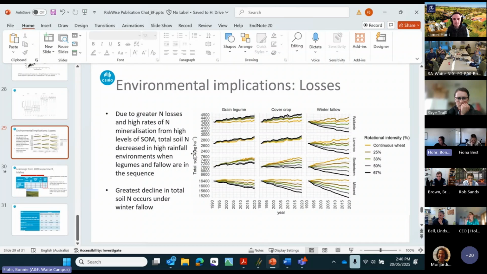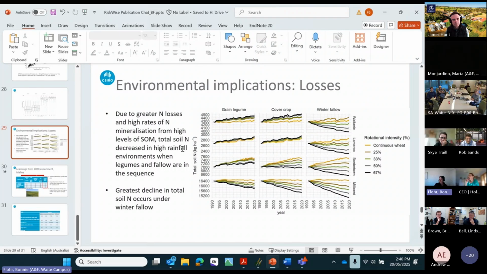So this is just showing total soil N over the whole duration of the simulation, and there were greater losses and higher rates of N mineralization from the high levels of soil organic matter in high rainfall environments, particularly at high intensities of legumes and fallow. So that figure sort of captures the high losses in high soil organic carbon soils.